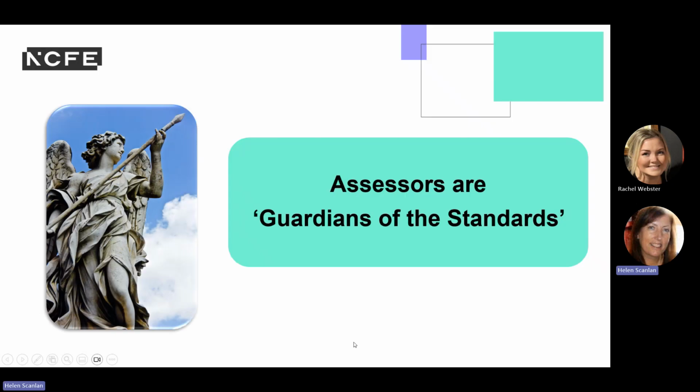Okay, thanks, Rachel. I'd like to briefly talk about the assessor being the guardian of the standards. As all qualifications at all levels should confirm a specific degree of knowledge, skills and competencies, the assessor's role is to ensure that the person being assessed does have all those required levels. I used to teach hairdressing and beauty therapy, and I used to assess it too. Awarding a qualification to someone who wasn't proficient in all aspects of that job could be a disaster.